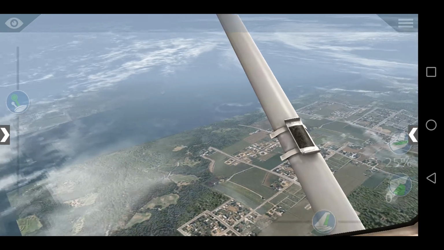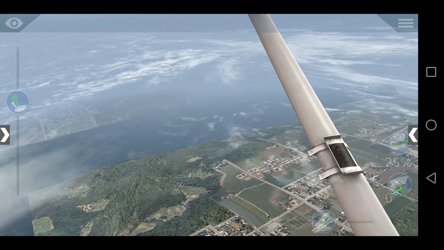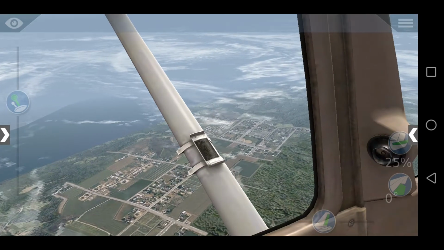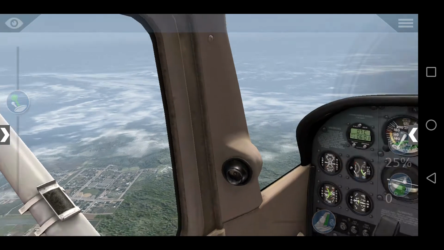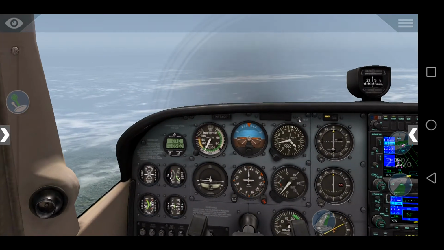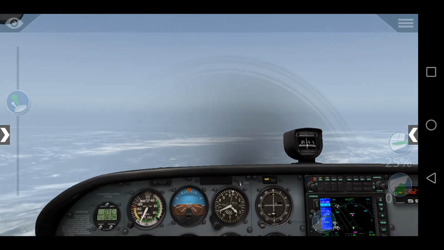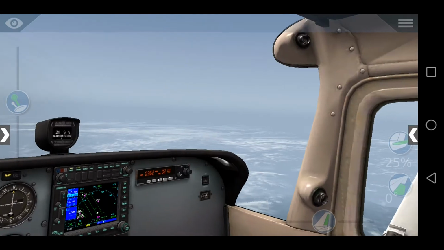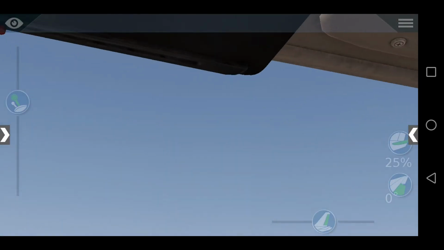Just because we are under instrument flight rules doesn't mean we don't get to see anything. It simply means we have restricted visibility out of the cockpit. Looking far ahead, it's only clouds to see, and I can hardly tell the horizon from the sky. Interesting, isn't it?